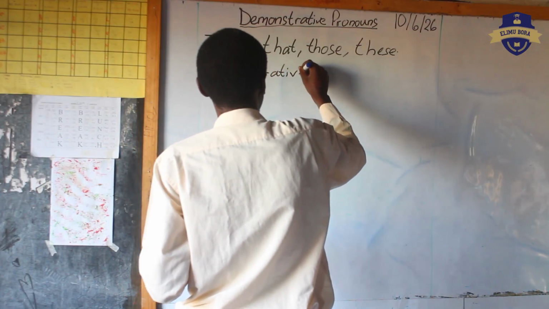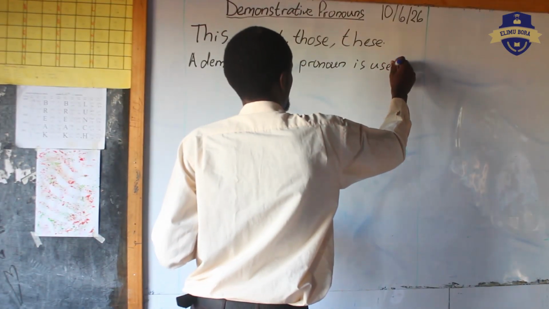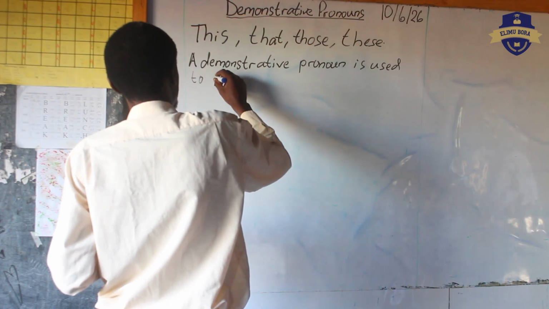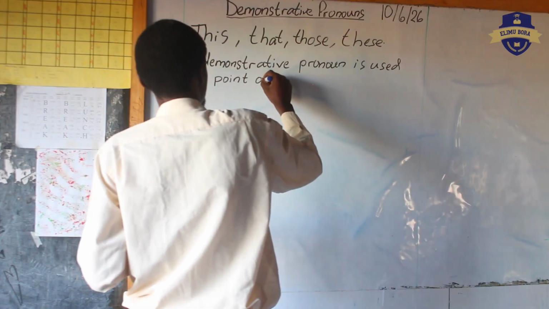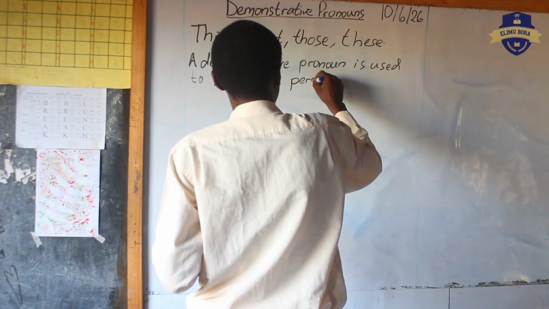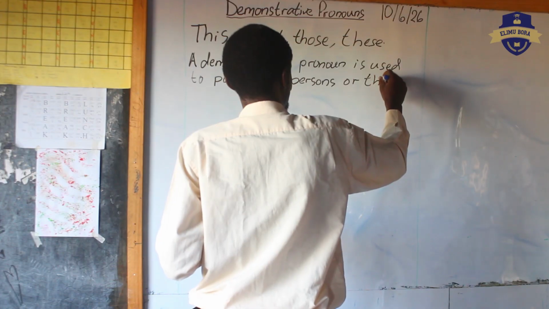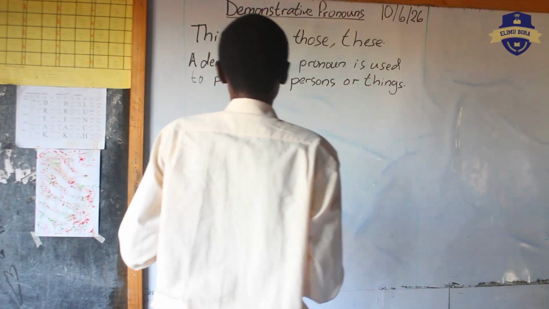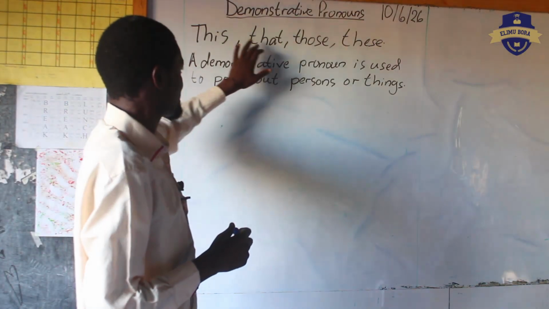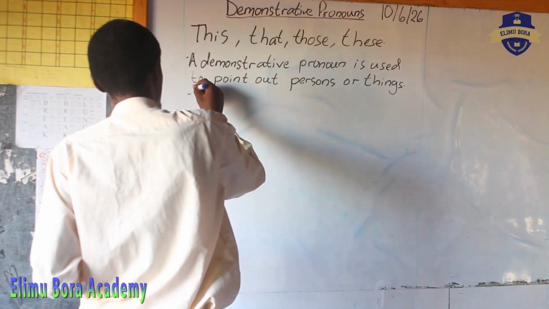So as I've mentioned, a demonstrative pronoun is used to point out persons or things. We have our examples that include this, that, those, and these. Okay? Point number one.